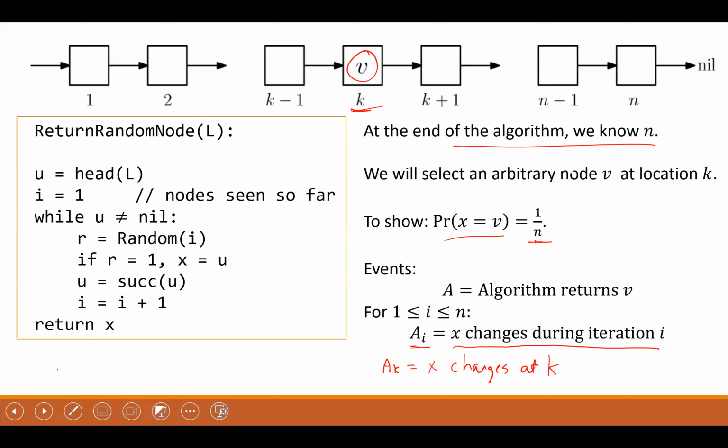All right, and we know the probability of that, of course. The probability of any of these elements being chosen when we're at that location is 1 over I.